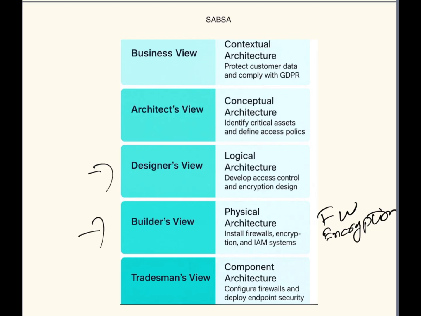Then the next would be tradesman view. Tradesman view is a technician. So for instance, the audience would be technicians. They start configuring firewalls, they focus on specific components and configuration: configure firewall rules, harden servers, install endpoint protection, and what else?